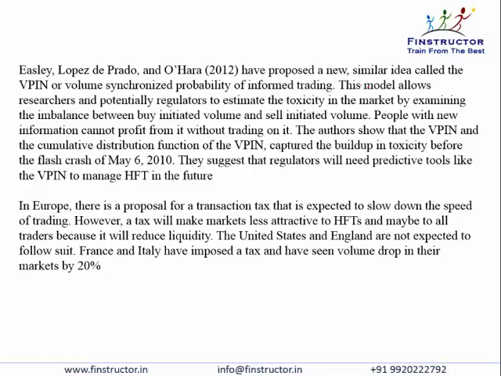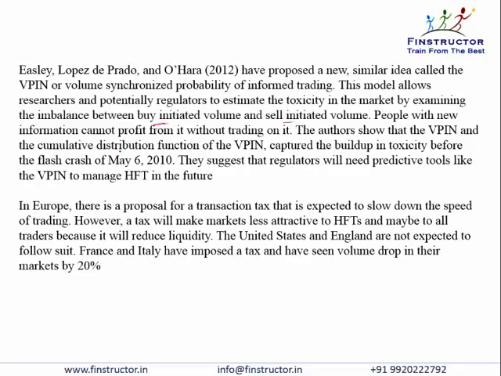Another predictive regulatory help is the VPIN, or the volume synchronized probability of informed trading. This model will allow researchers and regulators to estimate the toxicity in the market by examining the imbalance between the buy initiated volume and the sell initiated volume. People with new information cannot profit from it without trading on it.